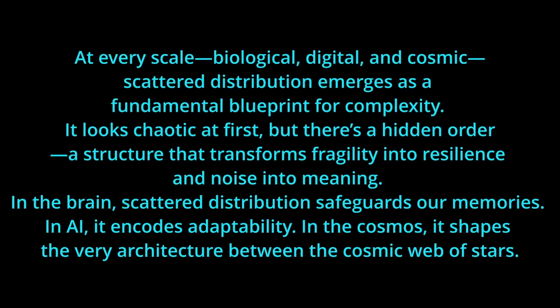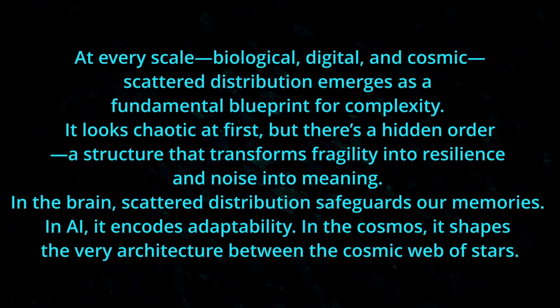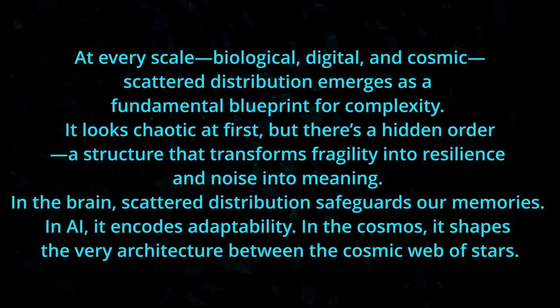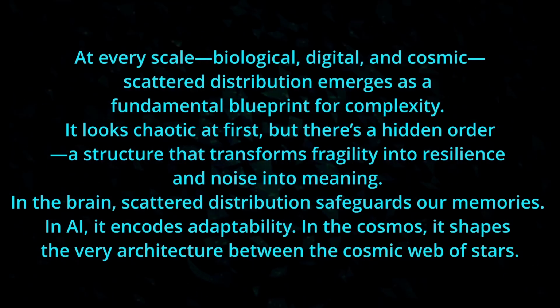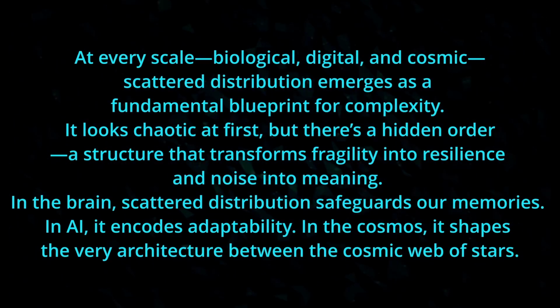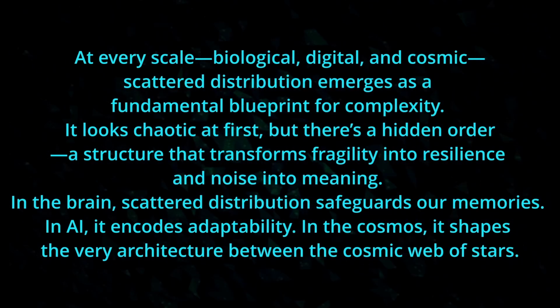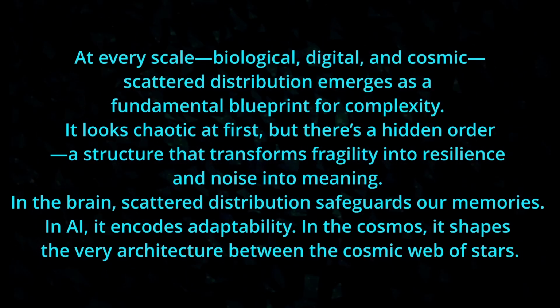At every scale, biological, digital, and cosmic, scattered distribution emerges as a fundamental blueprint for complexity. It looks chaotic at first, but there's a hidden order, a structure that transforms fragility into resilience and noise into meaning. In the brain, scattered distribution safeguards our memories. In AI, it encodes adaptability.